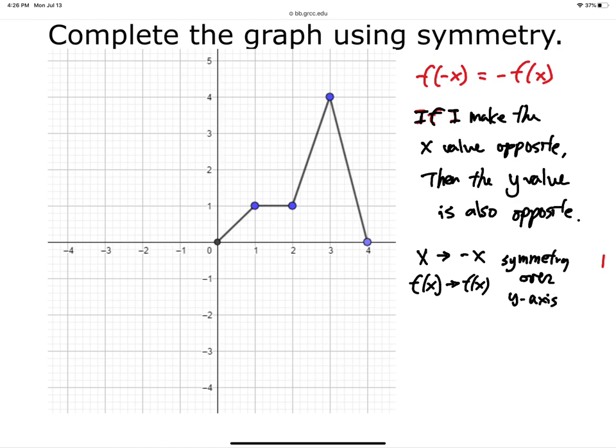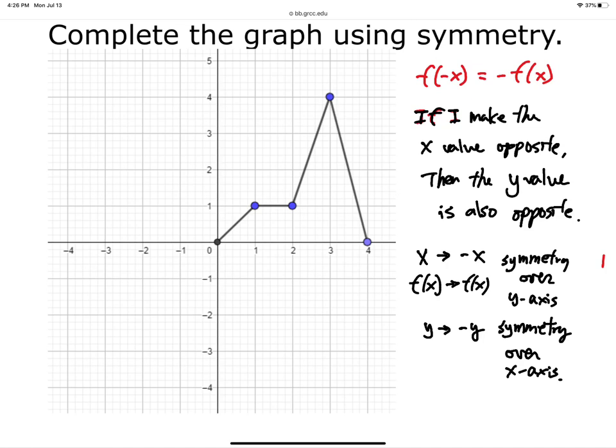Right, because the x values are opposite, so you switch sides, and the y value is the same. So you essentially flip it over the y-axis. Now, what happens when y becomes the opposite of y? Which means any y value, you're switching signs. This right here is symmetry over the x-axis.